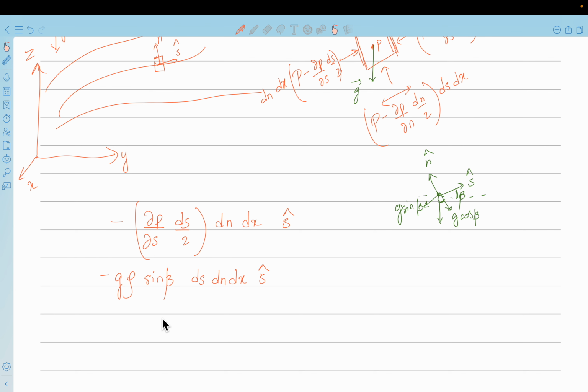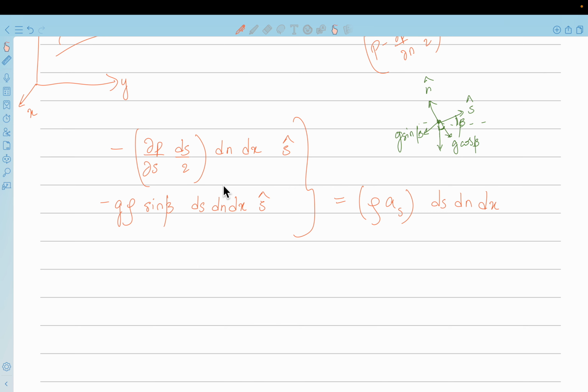And these terms together balance, or produce the acceleration in the s direction, for the volume ds, dn, dx. Now obviously we'll divide by ds, dn, dx in all terms, and this sin beta term will give us the dou z by dou s. So let's do this.